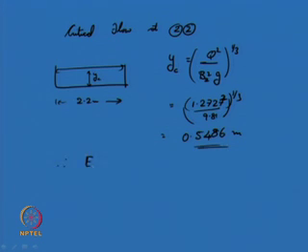Therefore, the critical energy possible at section 2 is 3 by 2 y C 2, which is equal to 0.823 meter.